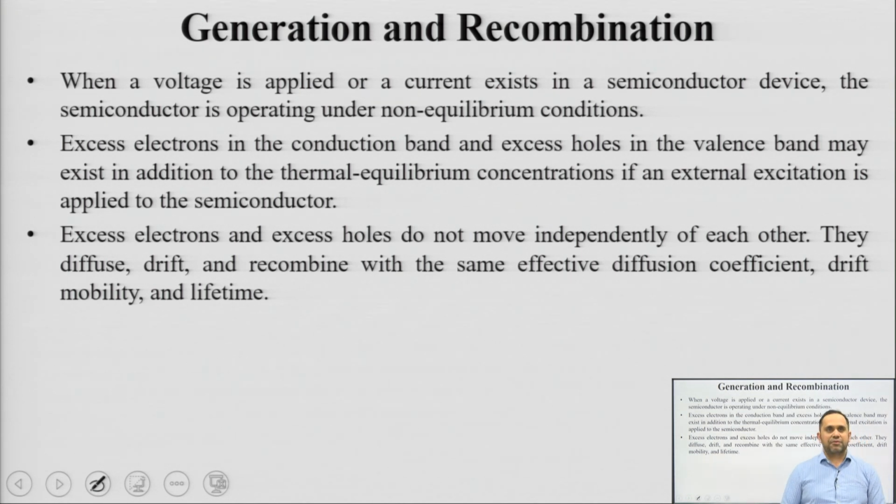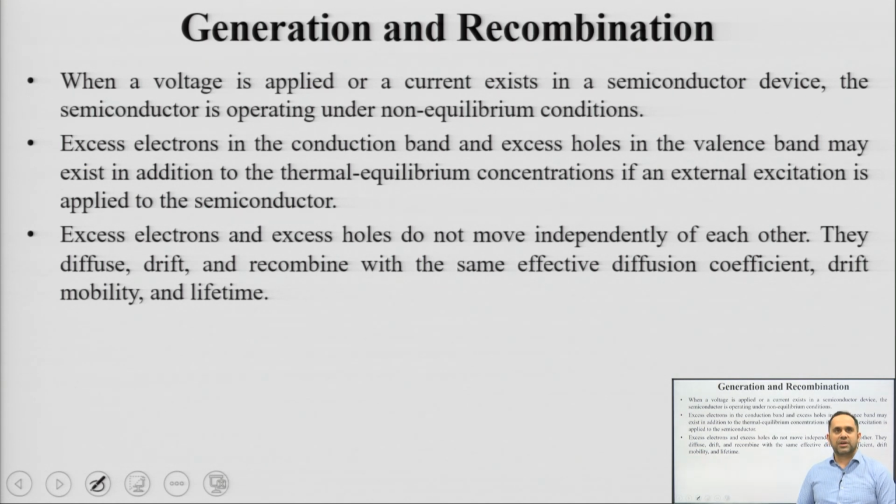You have to apply some sort of an imbalance to these devices, so that you are able to produce the required amount of current. This imbalance can be produced through photo excitation, impact ionization, or field assisted effect. With this we start the topic of generation and recombination of charge carriers.